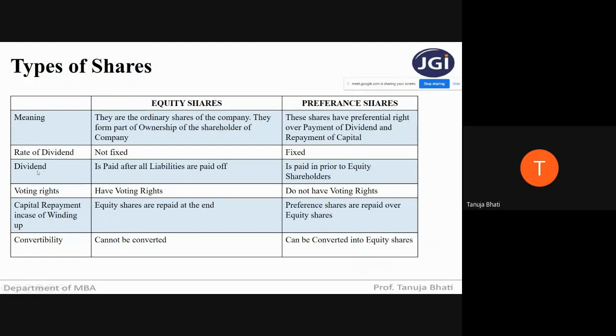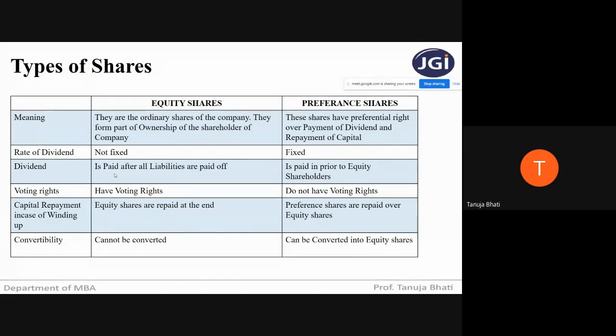Next, dividend is paid after all liabilities are paid out. We know that the dividend is paid out of profits. Profit is derived after deducting all the expenses. So equity shareholders always get the last preference.